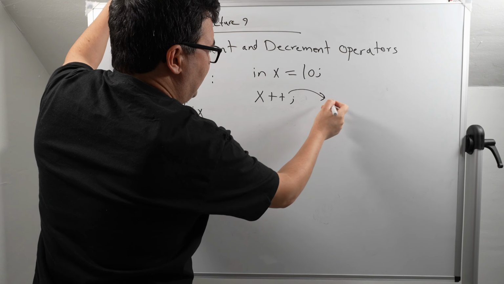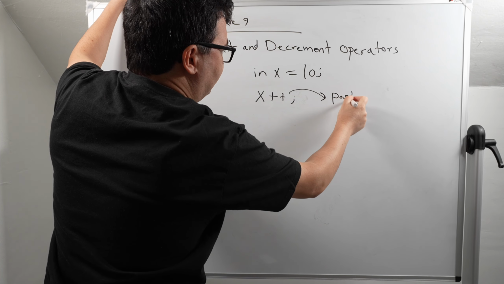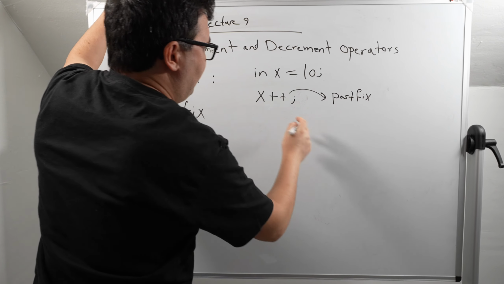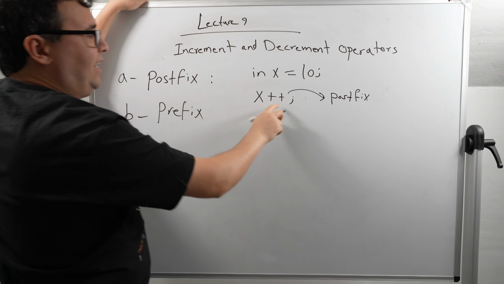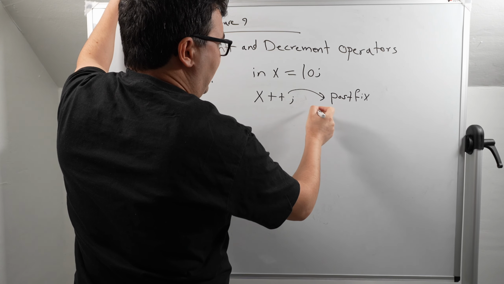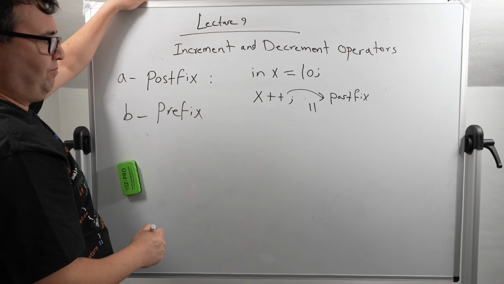In this situation, it is postfix. If we cout x, the variable x value will be 11, so the output will be 11.